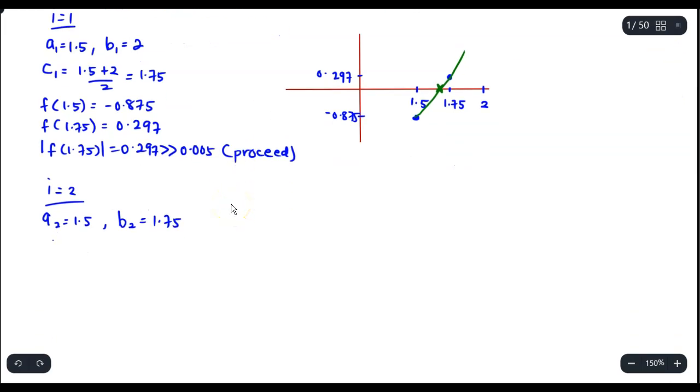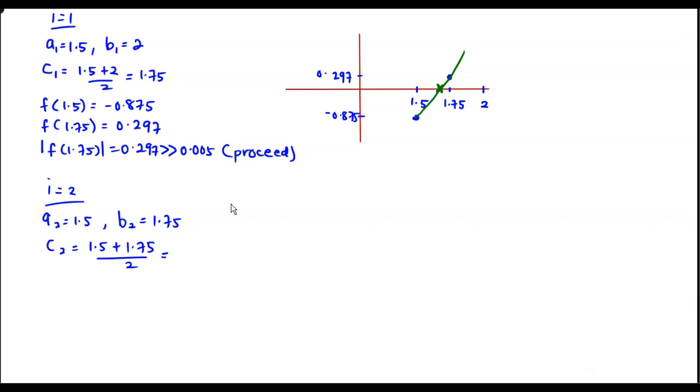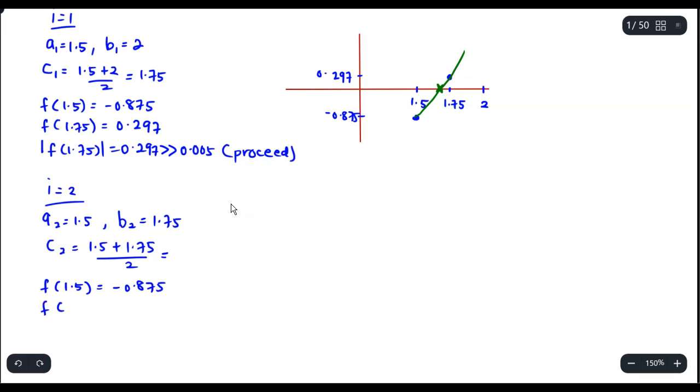So we repeat the same process. We need to get our C2. So C2 is (1.5 plus 1.75) over 2. So by the calculator, you get the value of C2, and then you copy again the value of F(1.5), which is negative 0.875, and you need to get the value of F(C2).